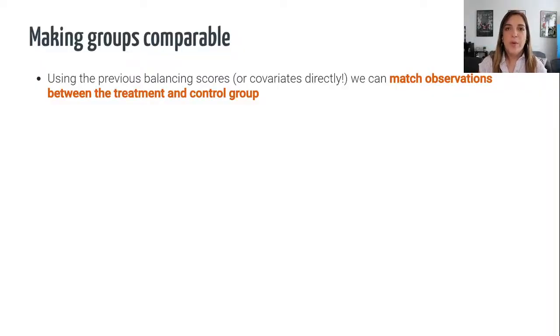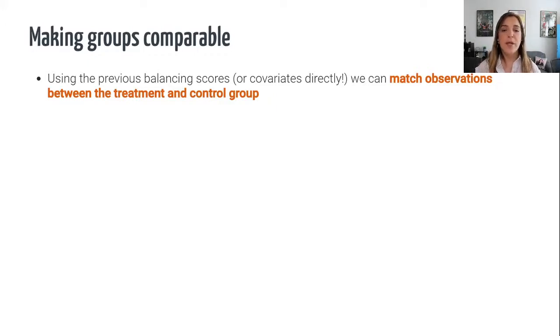Okay, so we talked about subclassification, we talked about balancing scores and how they work. So one thing that you could think about is that you can use balancing scores as another covariate, right? So you can just incorporate it in a regression. But that, again, misses the point of the fact that we're trying to lose model dependence, and we're trying to find and compare like with like.